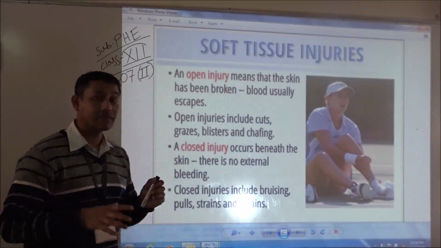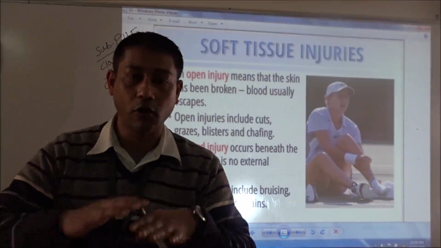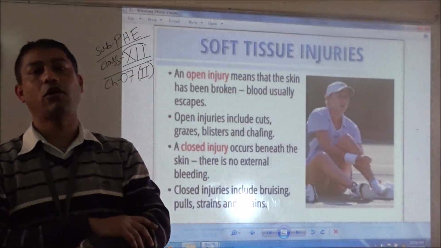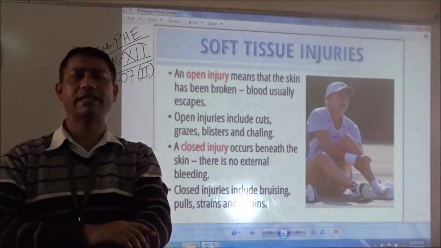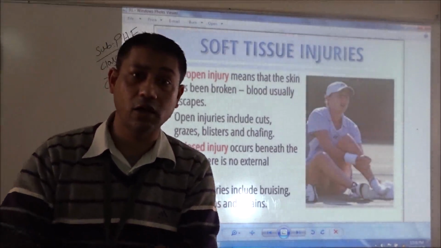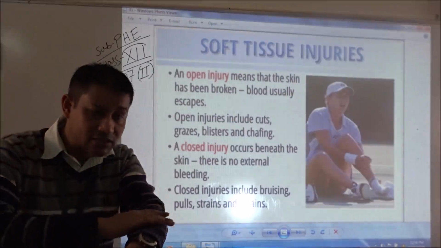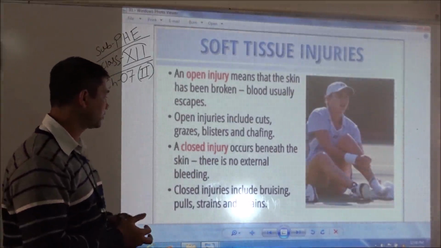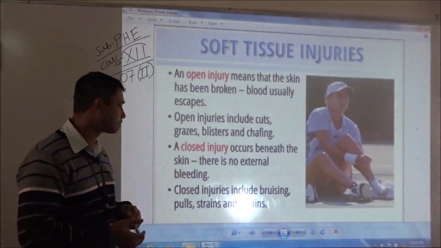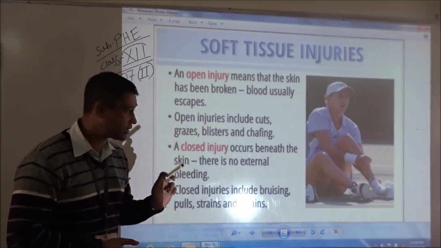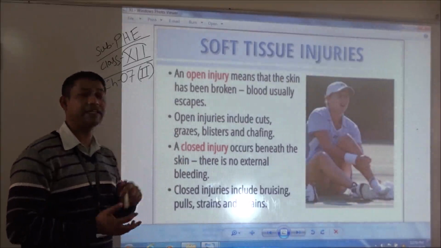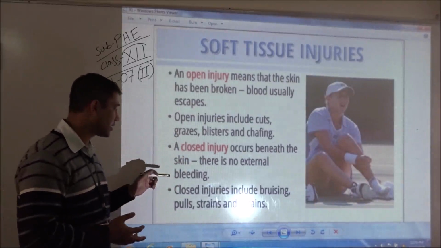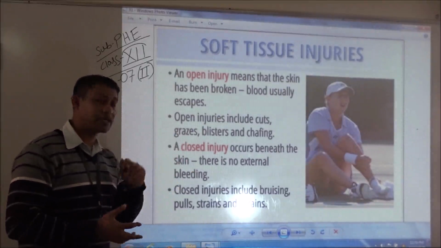Blood usually escapes on the topmost layer of our skin, that is the superficial layer, and is visible. Next, closed injury. A closed injury occurs beneath the skin. That is, there is no external bleeding.